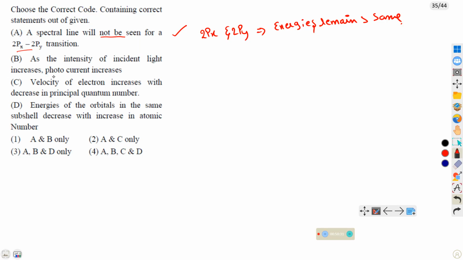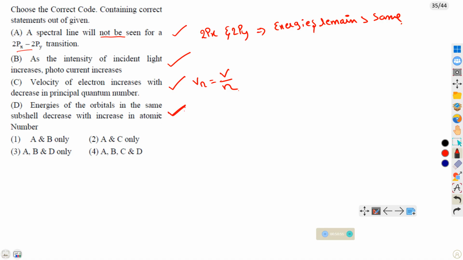As the intensity of incident light increases, photocurrent increases. Correct. Velocity of electrons increases with decrease in principal quantum number. This is also correct. Vn, the velocity of the nth orbit, is equal to V by n. Energies of the orbitals in the same subshell decrease with increase in atomic number.